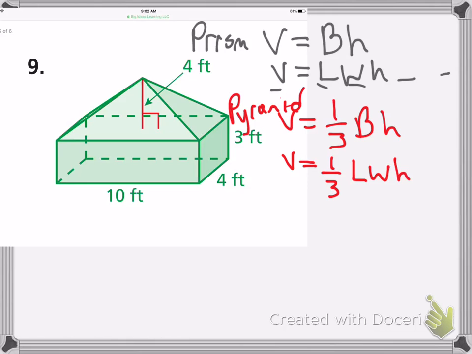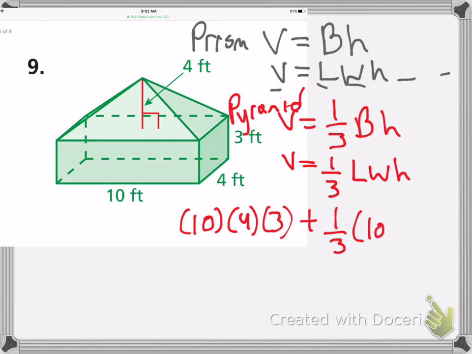So on our first one we have length times width times height, so we have 10 times 4 times 3, plus our other figure, this is a pyramid, we do 1/3 times length times width, which will be 10 times 4, and then the height of the pyramid, which is 4.